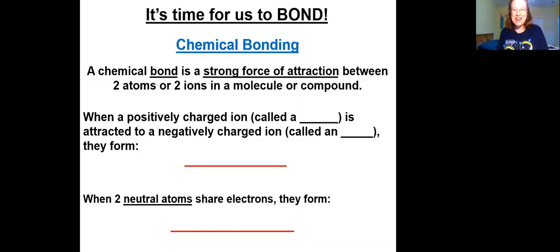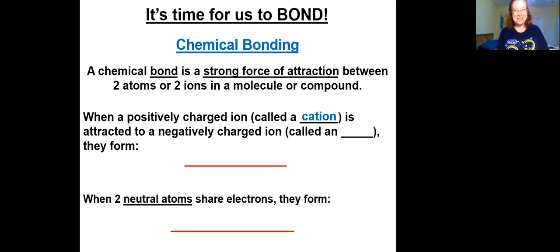All right, it's time for us to bond. We're going to talk now about chemical bonding. A chemical bond is a strong force of attraction between 2 atoms or 2 ions in a molecule or compound. When a positively charged ion, what was that called again? Try to think of the smiling cat.